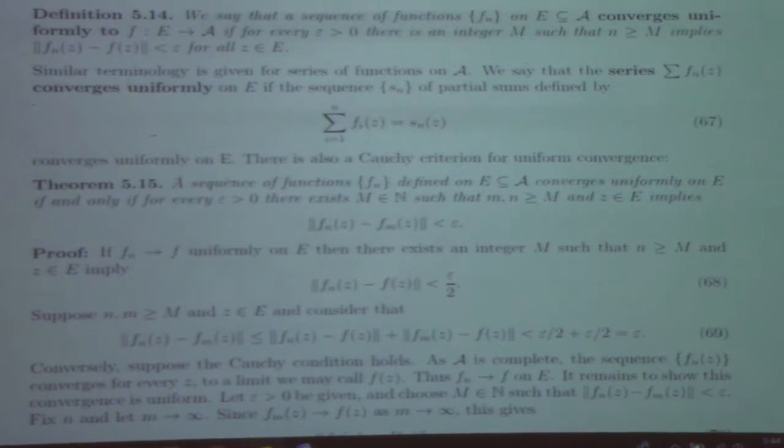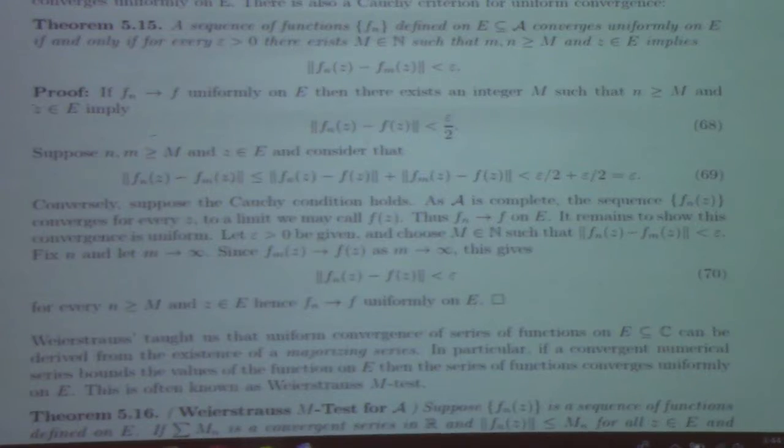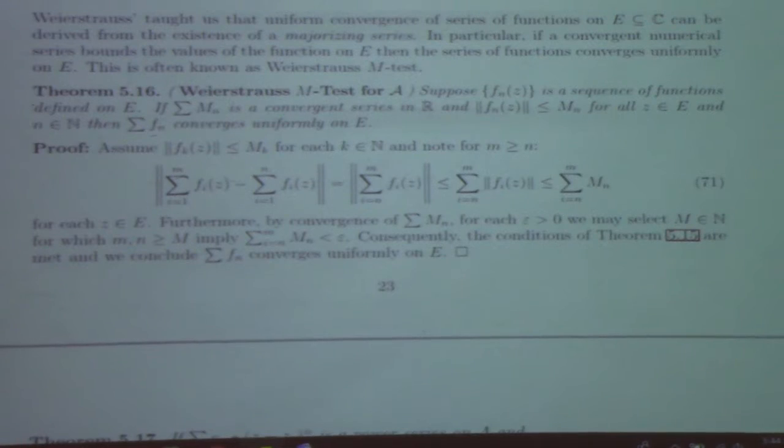So the Cauchy criterion holds if and only if there is uniform convergence, and this is of course one of the major stories in your real analysis course, this interplay between the Cauchy story and the uniform convergence story, getting to the point that ultimately leads us to the Weierstrass M-test. The Weierstrass M-test says that for a sequence of functions, if we have this numerical series, a real-valued series, that dominates the norms of the functions for all points in the domain of consideration and all n, then that gives us that the series of functions converges uniformly.